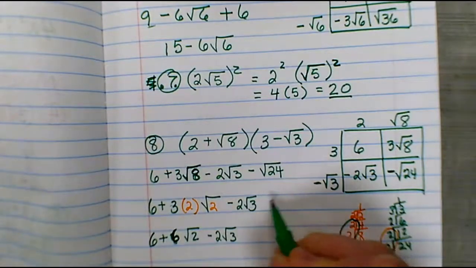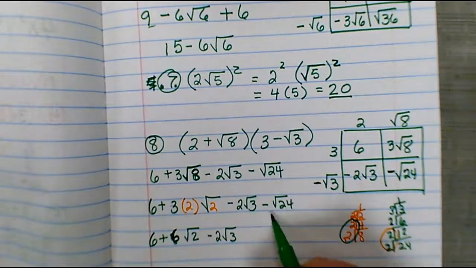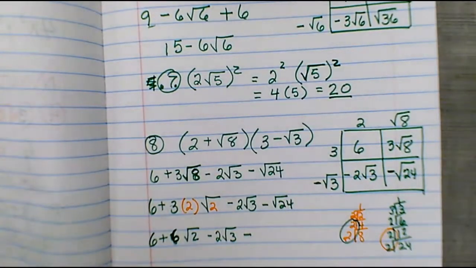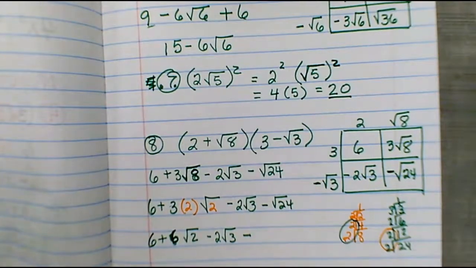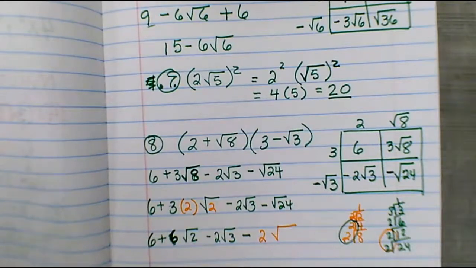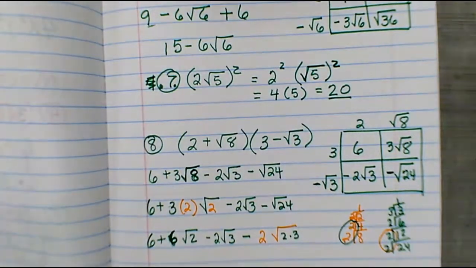And I am simplifying the 24 here. So we're going to have a pair of 2's, and then left over in here, 2 times 3.